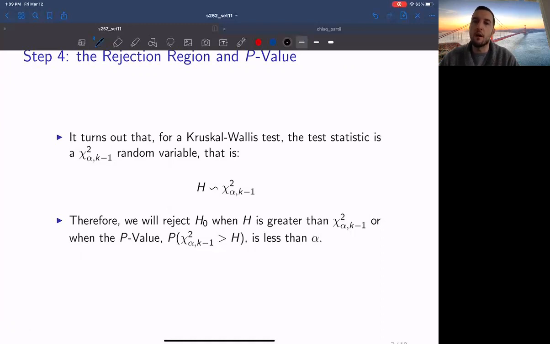So if the test statistic is inside a rejection region where the critical value is a chi-square value, we can reject the null. We're only going to do this in one tail because again, the chi-square curve is a right skewed curve. Or if the test statistic gives us a p-value that's less than alpha, we can reject the null. And that's the same rationale we've used throughout the course.